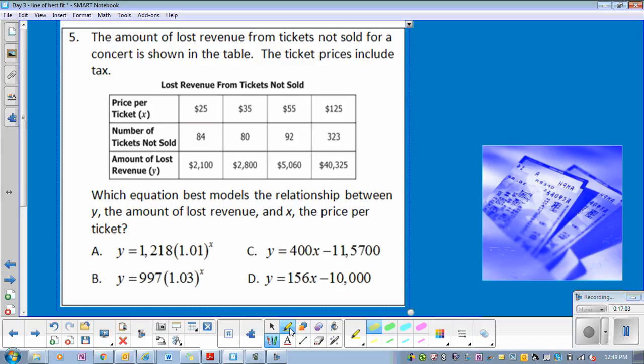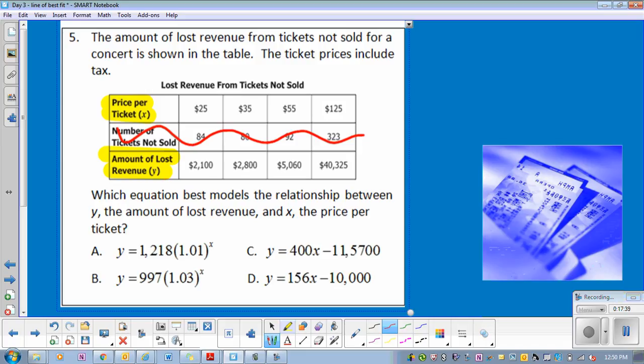Do you need all 3? No. You only need the X and you only need the Y. The number of tickets not sold might be helpful if we were doing something else, but in terms of which equation best models the relationship between Y and X, we don't need it. So don't let other information mess you up.